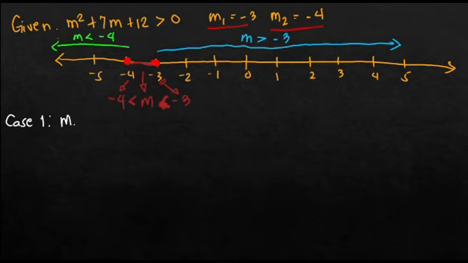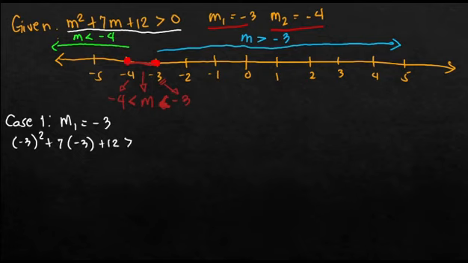So, unahin natin yung m sub 1 equal to -3. I-substitute natin yan dito sa original given para malaman natin if it satisfies the given inequality. So, substitute natin yung -3. We have -3 squared plus 7 times -3 plus 12 greater than 0.